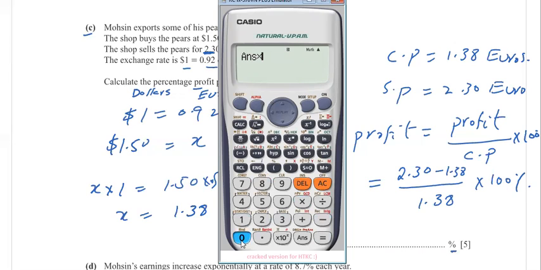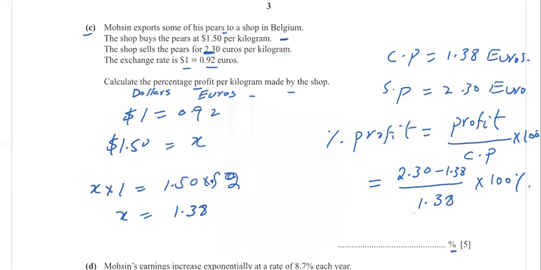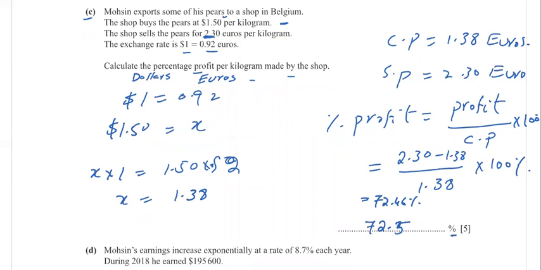The answer we have to multiply with 100, and that makes 72.46%. Rounded to 3 significant figures, it will be 72.5%. That was required for this one.